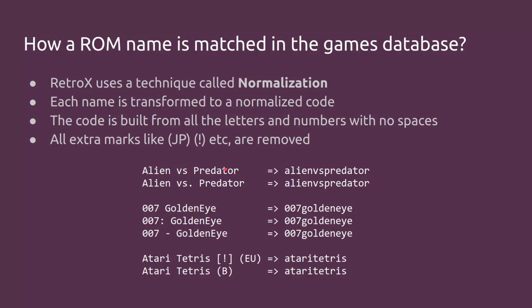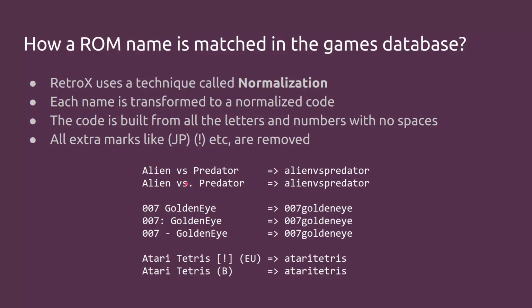For example, this game, Alien vs Predator, is converted into this code. If you see the code, it's the same as the name, but without the spaces and the uppercase. The second example is the same game, but is written in a different way.